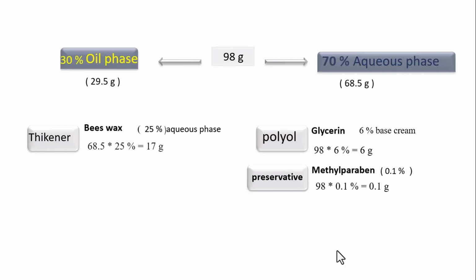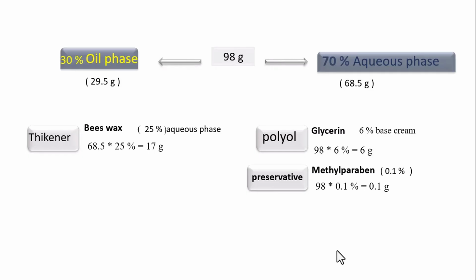We said we have 68.5 grams of the aqueous phase. 25% of that is 17 grams. So, there's a very important point here. For the other ingredients, if you pay attention, their percentages are calculated from the total amount, but the thickener's percentage is based on the aqueous phase.